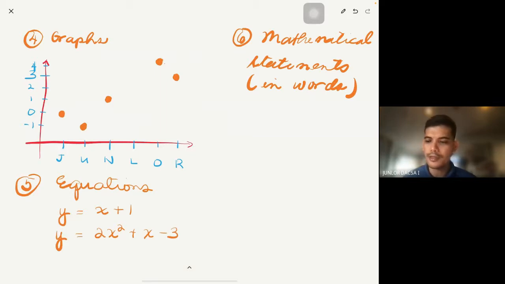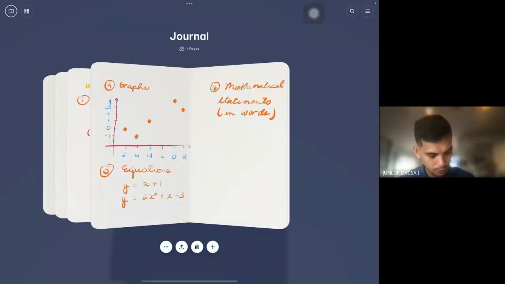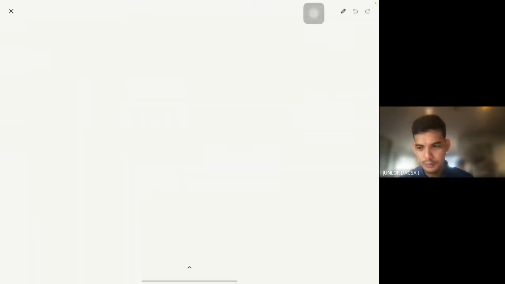So let us have an example. So let us determine if a relation is a function or not. Function or not a function.